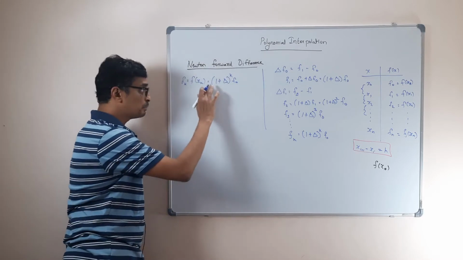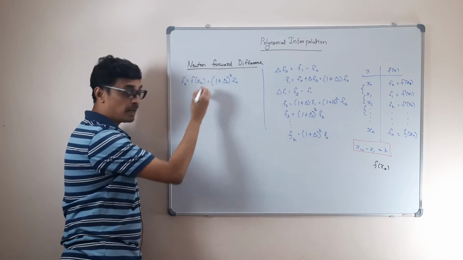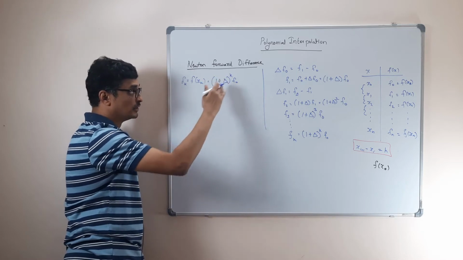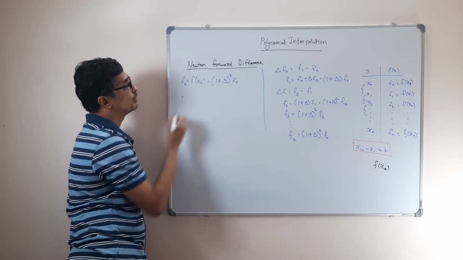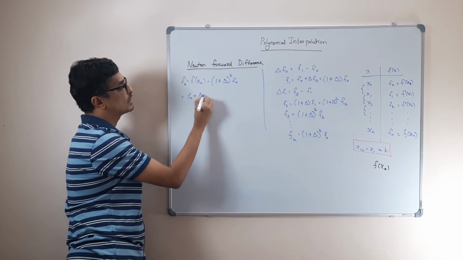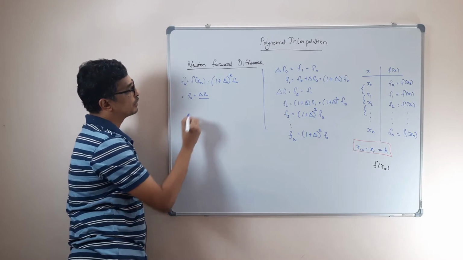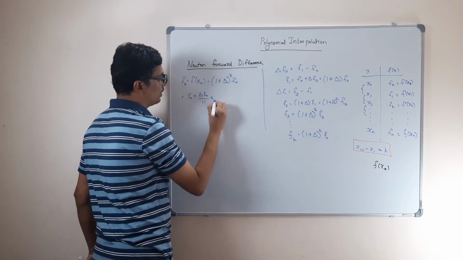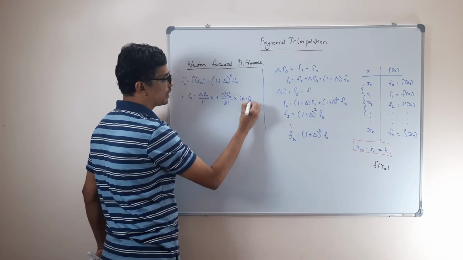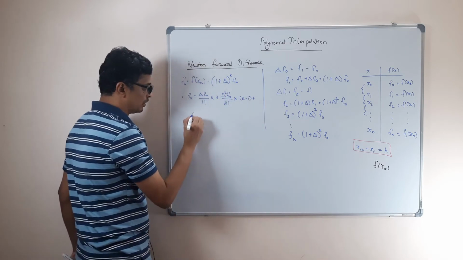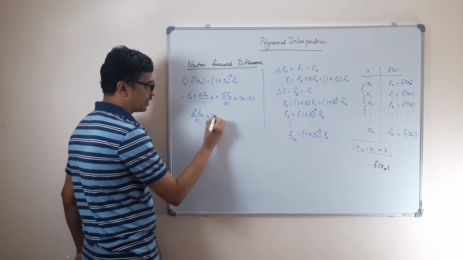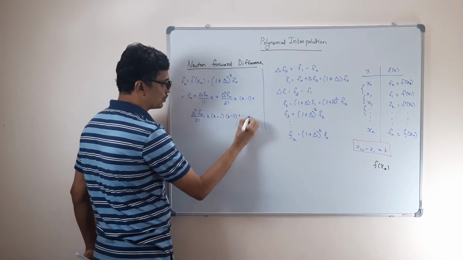Now let us expand this as a binomial series. When we expand this binomial series, it is not an infinite series; it truncates. Let me write it down, you will understand. What we have is f0 plus delta f0 by 1 factorial into k, plus delta square f0 by 2 factorial into k into k minus 1, plus delta cube of f0, the third difference, by 3 factorial into k into k minus 1 into k minus 2, and go on.